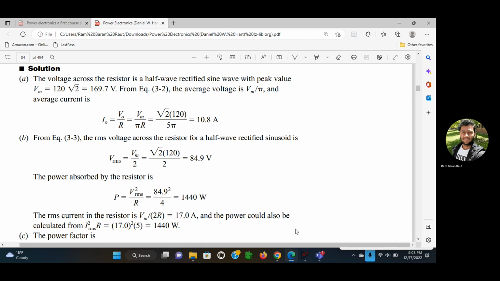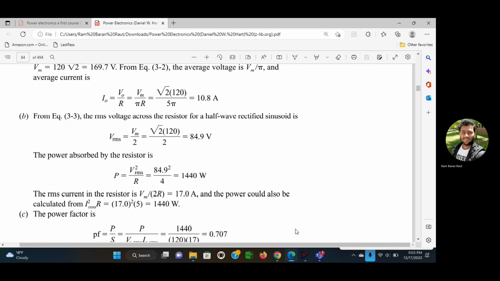So here they have also the RMS current in the resistor, which is Vm divided by 2R, because this is half wave. So Vm divided by 2R.